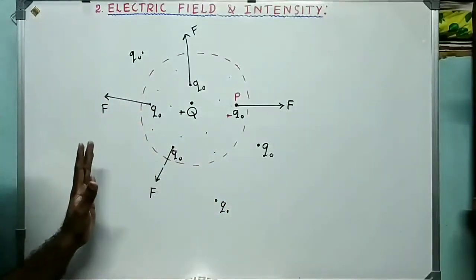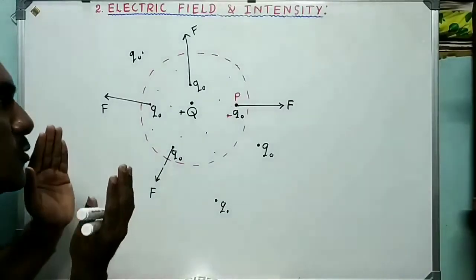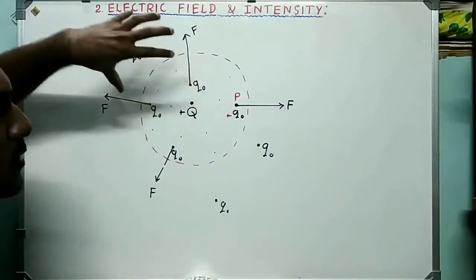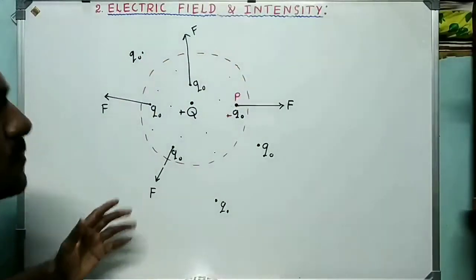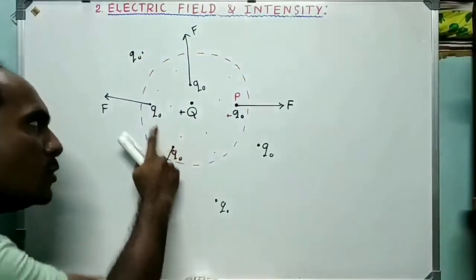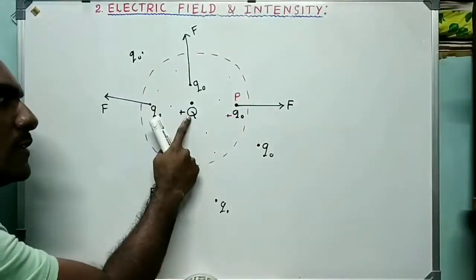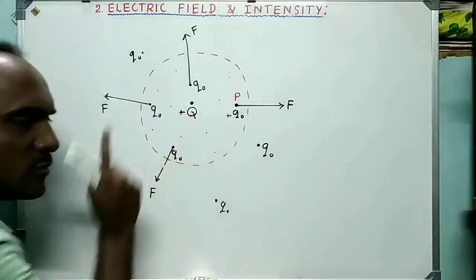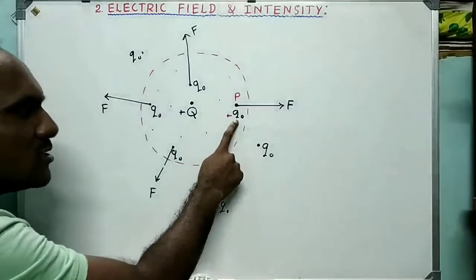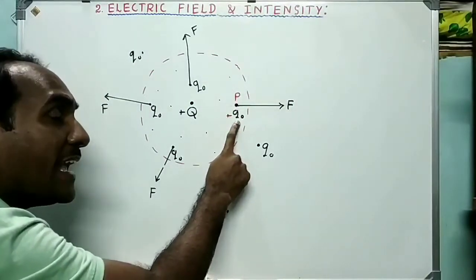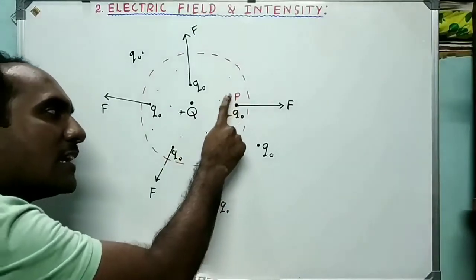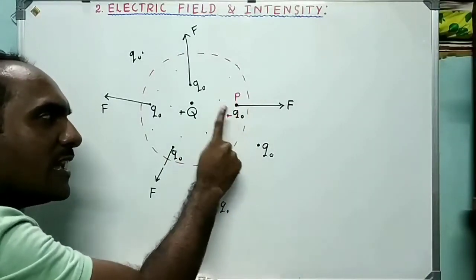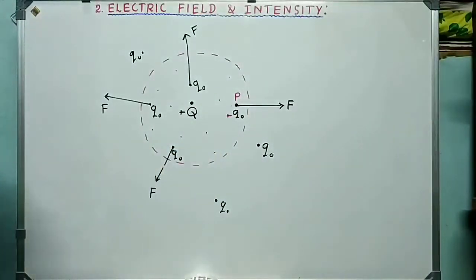That is, test charge is nothing but the small amount of charge which experiences the effect of source charge. Now, you should understand what is the meaning of source charge, what is the meaning of test charge. What is source charge? The charge which produces electric field around it is called a source charge. Here capital Q is a source charge. What is test charge? The charge which experiences the effect of source charge is called what? Test charge. Here Q naught is a test charge. Getting the idea?